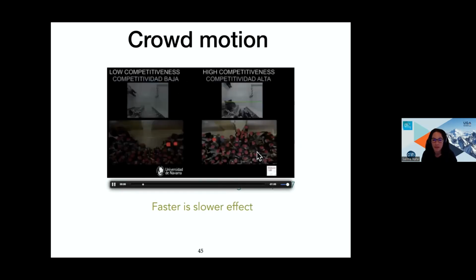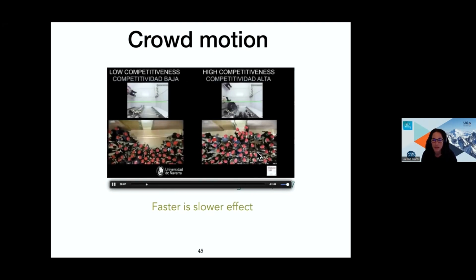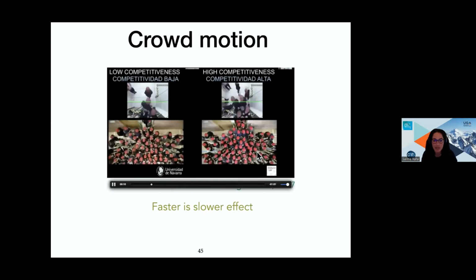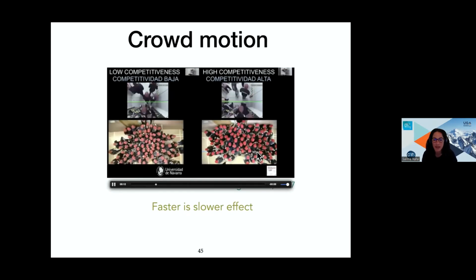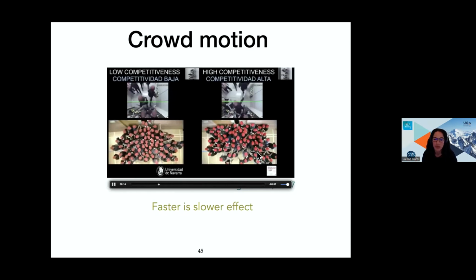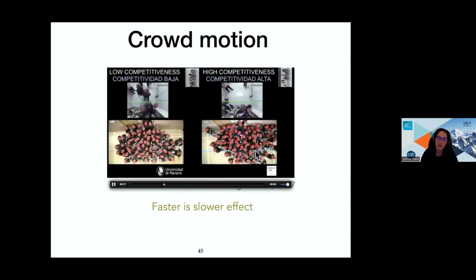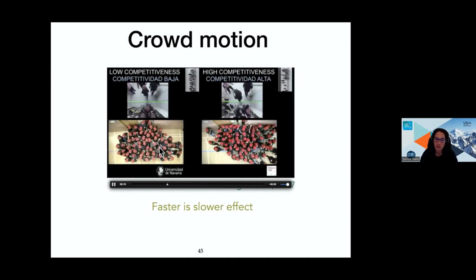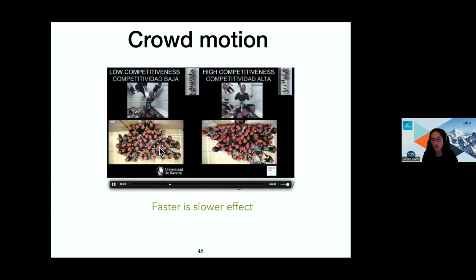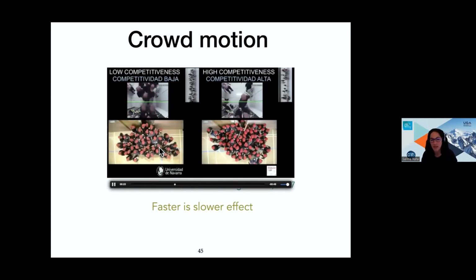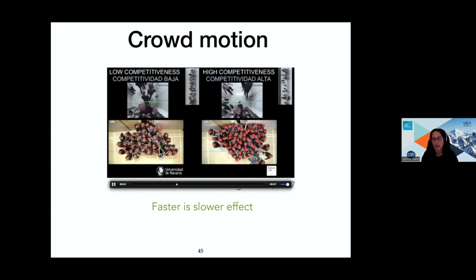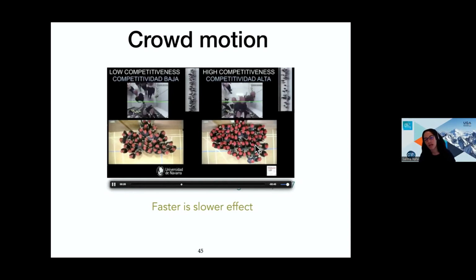It is quite a fascinating topic nowadays. What you see in this experiment is people who are asked to evacuate a room. In the left movie, they are asked to go gently, slowly, with a small velocity, to evacuate the room. On the right, they are asked to go as fast as possible.